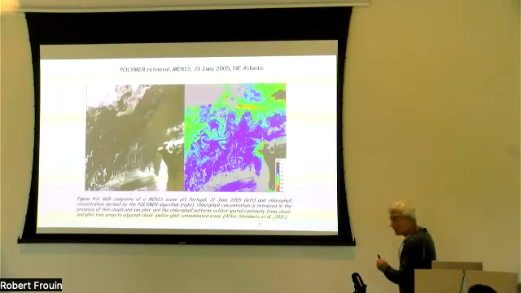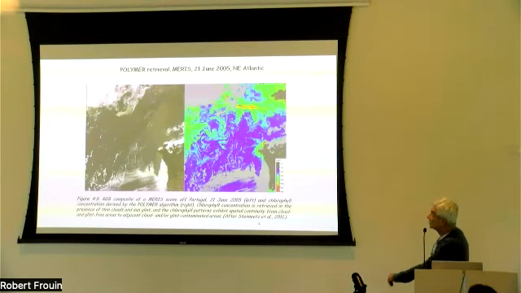And this is an example of a polymer retrieval. MERIS, 21 June 2004, North Atlantic. So you have here an RGB composite, the scene of Portugal. Portugal here. So you see all these clouds, you have glint in this part of the area. So this is typical of MERIS.